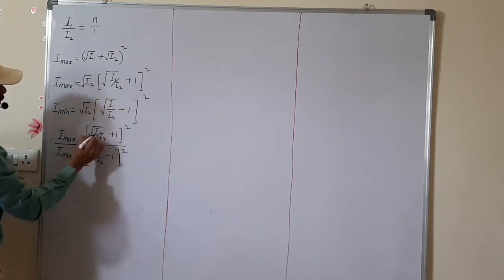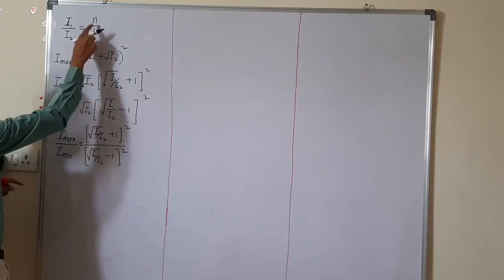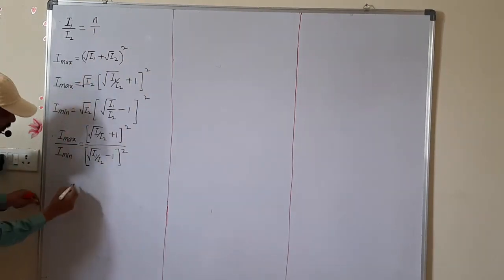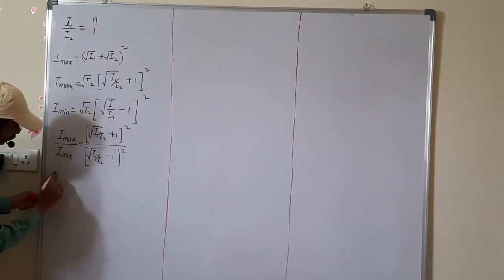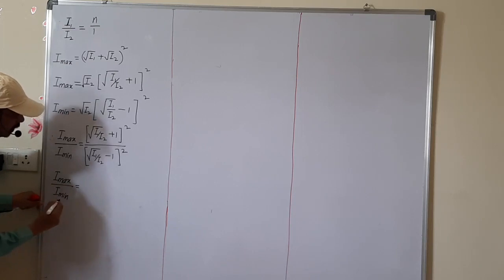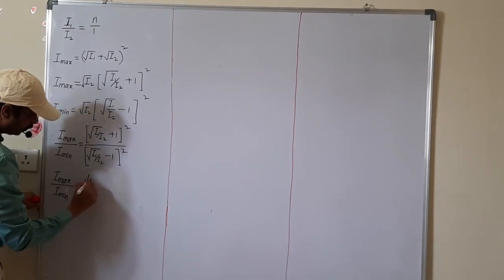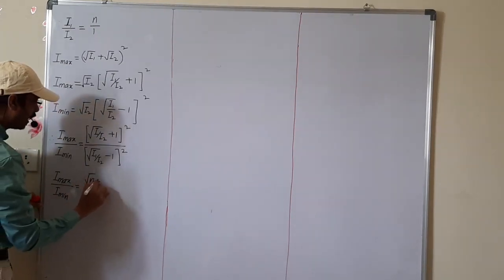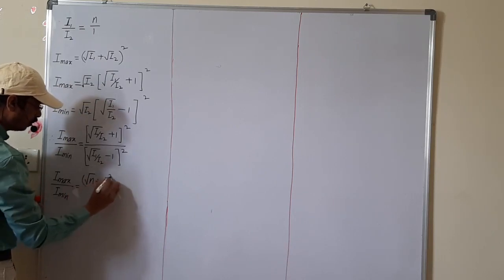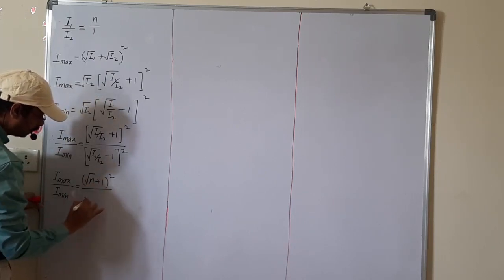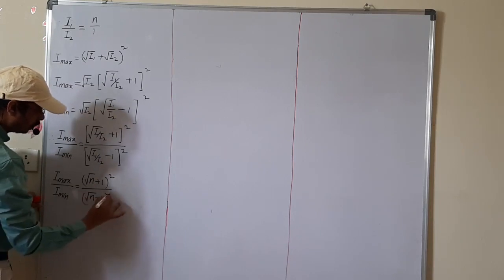The I1 upon I2 value, what is that? N upon 1 means n we can write it here. I maximum upon I minimum, we can write it root n plus 1 whole square upon root n minus 1 whole square.